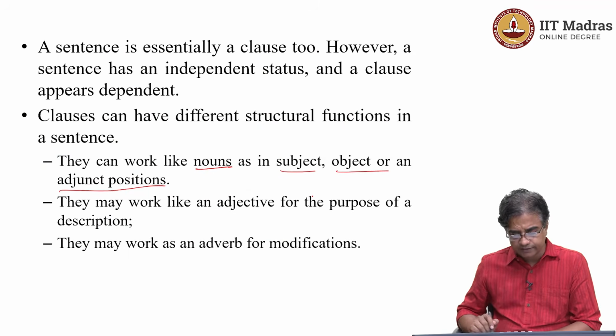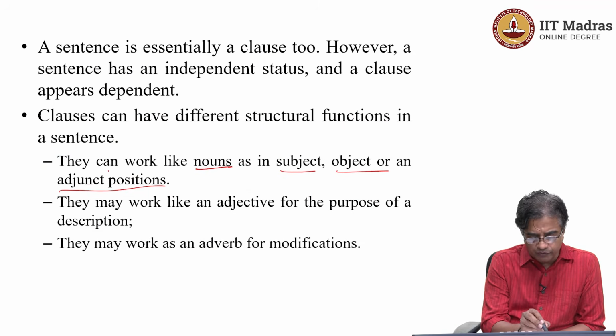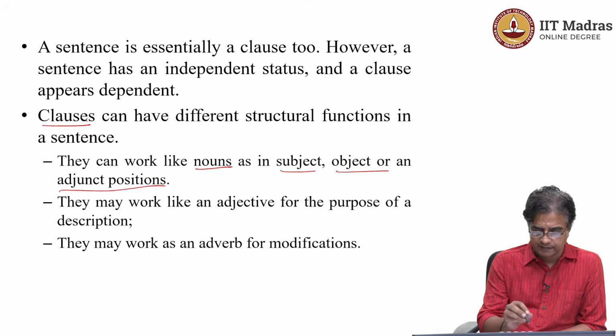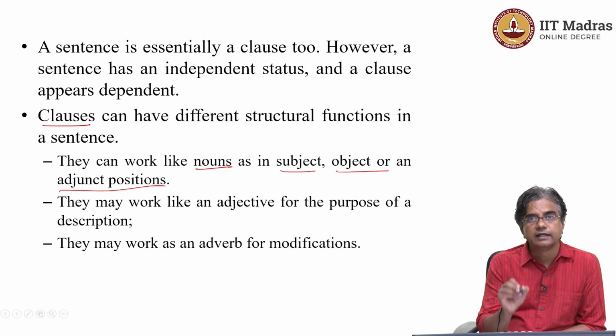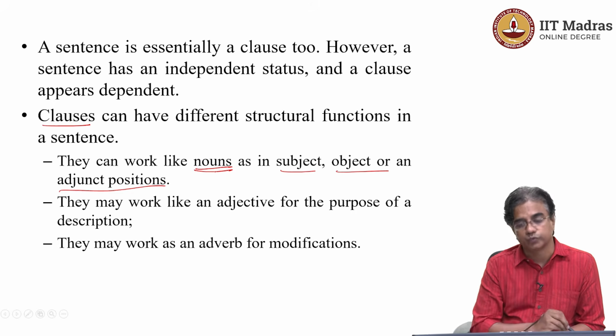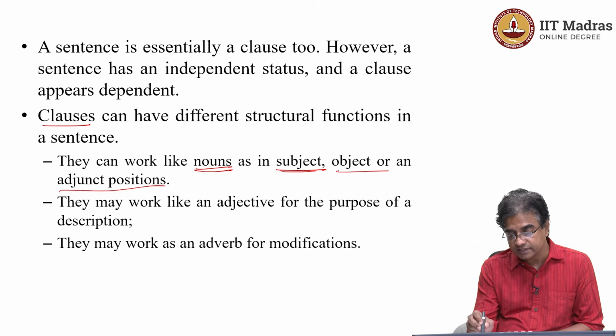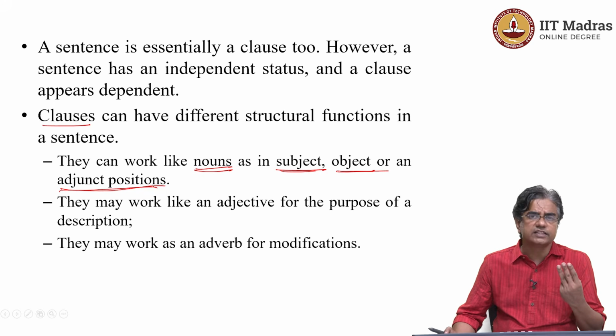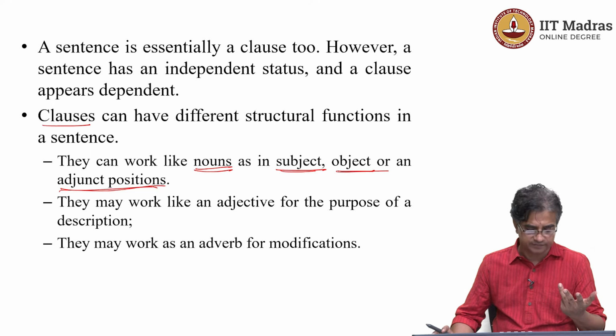But before that, it's important for you to know that a clause can work, that is, can appear just as nouns do in subject positions, in object positions, or adjunct positions, because these are three different structural positions in any sentence.